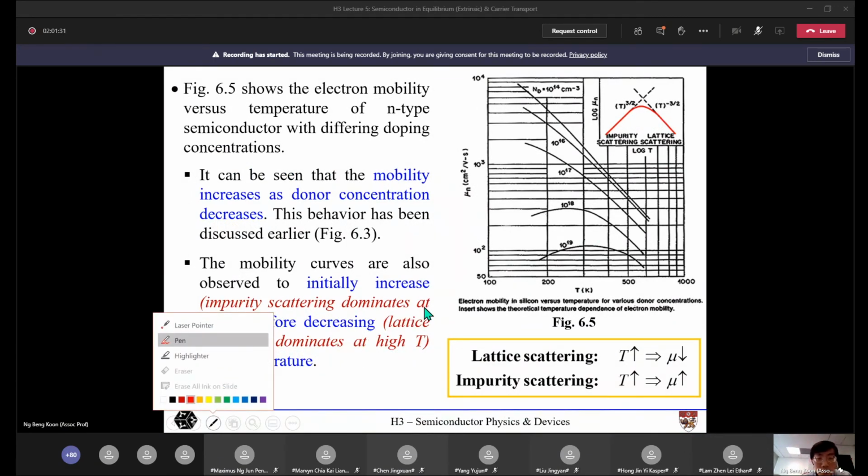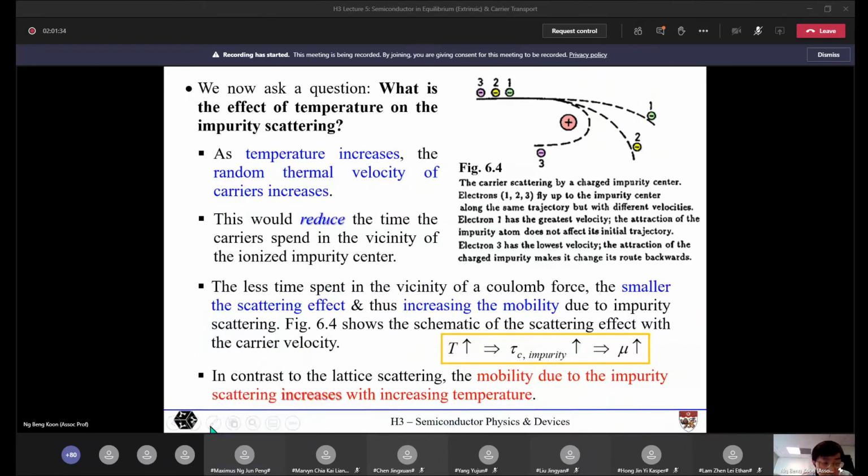Sorry, let me repeat that. In this case, the temperature of electron 1, T1, is more than T2 and more than T3. In the case of electron 1 at a higher temperature, the thermal velocity will be larger compared to electron 2, which is at an intermediate temperature. Then electron 3, which is at the lowest temperature, you expect the thermal velocity to be smaller.